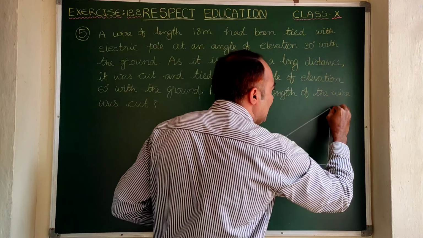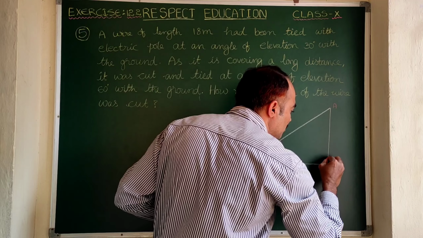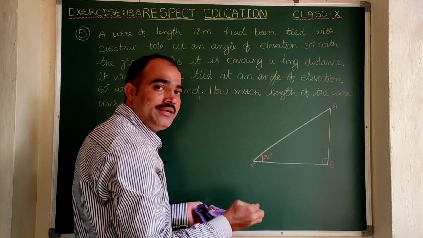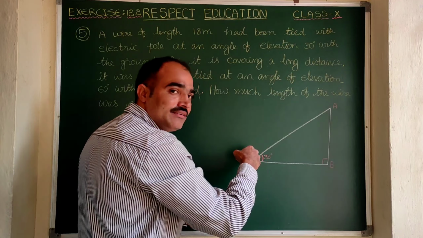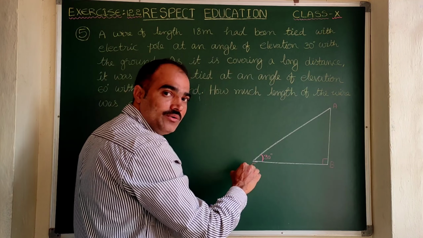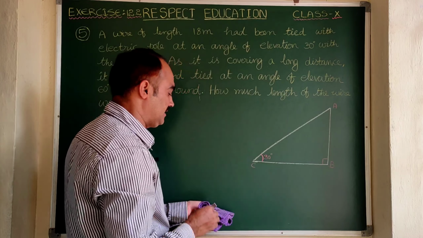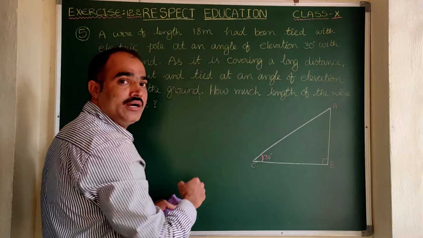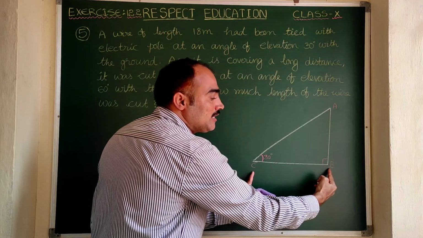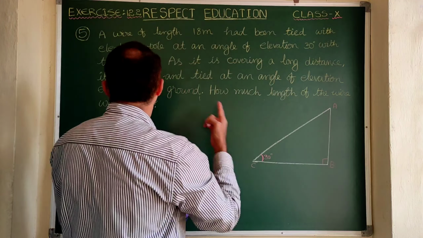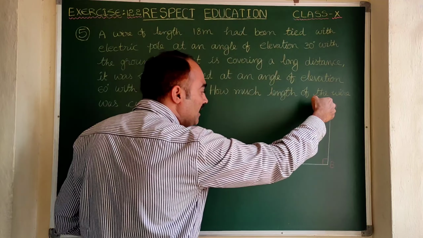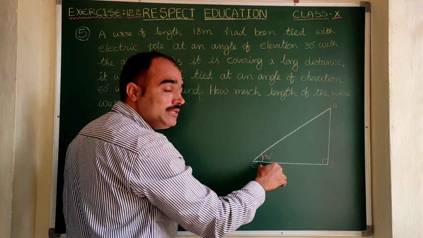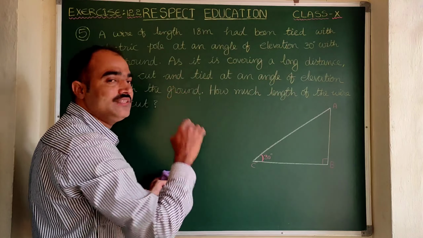Let AB be the electric pole, so that angle B is 90 degrees. And C is the point where the electric wire was tied on the ground, where angle C equals 30 degrees. Afterwards, what happened? As it is covering a long distance, the wire AC was cut and tied at a point which makes an angle of elevation of 60 degrees with the ground.